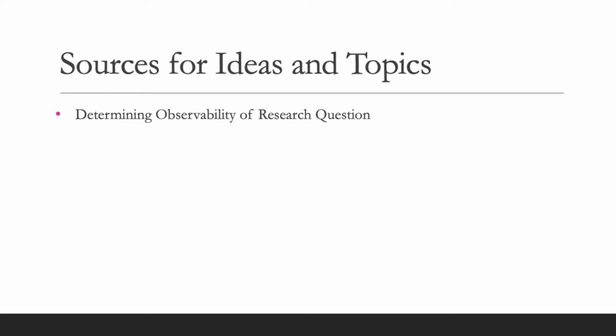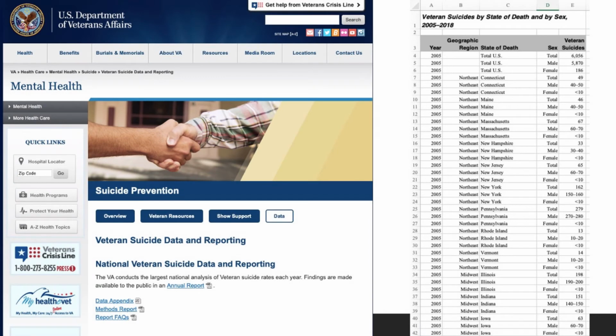Let's do a couple more examples. Last week in class, a student mentioned that they were interested in studying veteran suicide rates. Well, we have to ask ourselves, is data available on the topic? And yes, with relative ease, we went to the Veterans Affairs website and we were able to find observations from 2015 to 2018 at the state level.